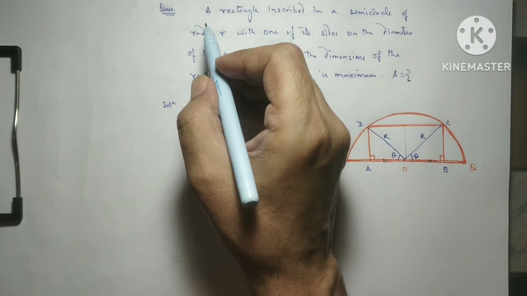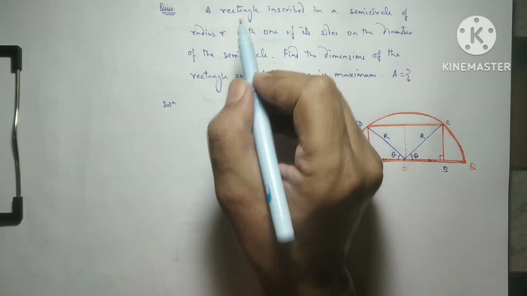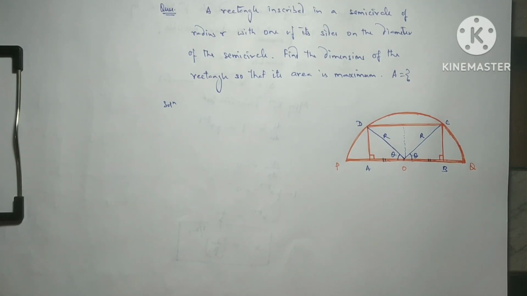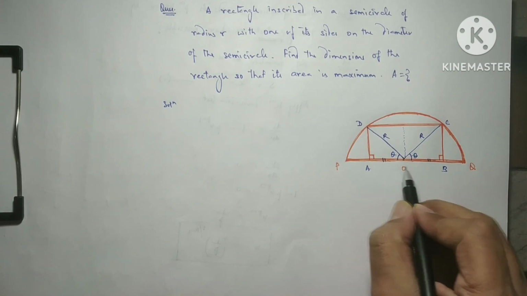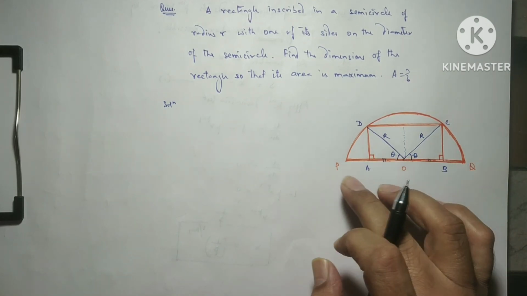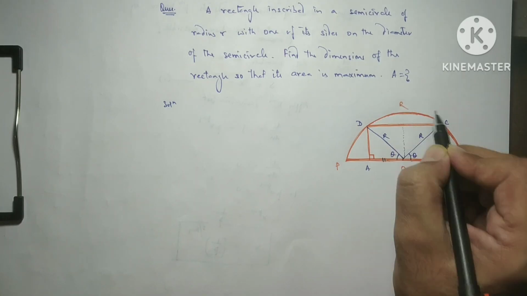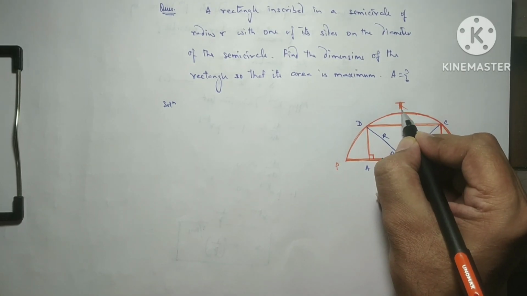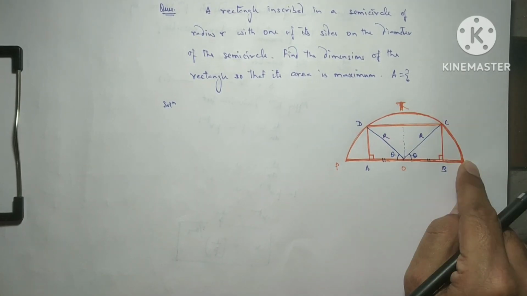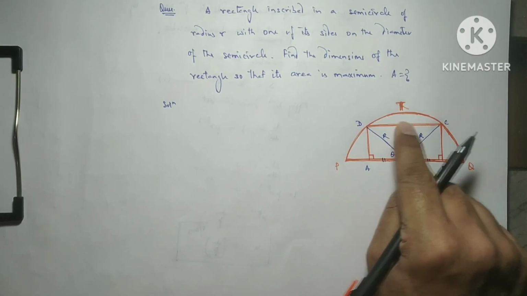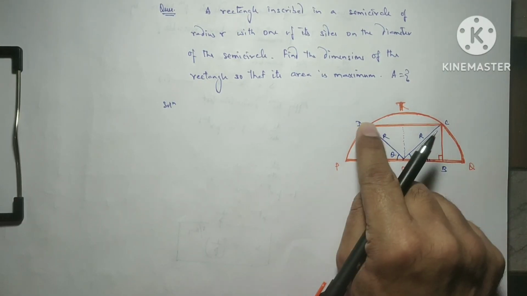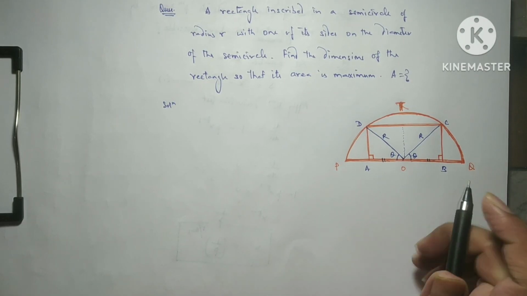So the next question is a rectangle inscribed in a semicircle. ABCD is a rectangle, and this is a semicircle PTQ.